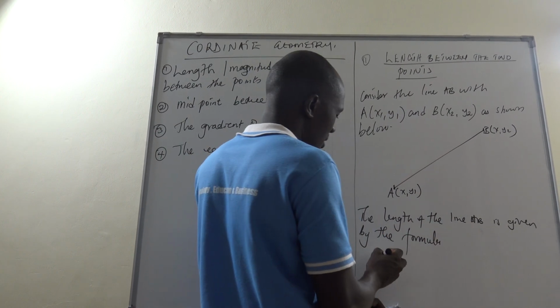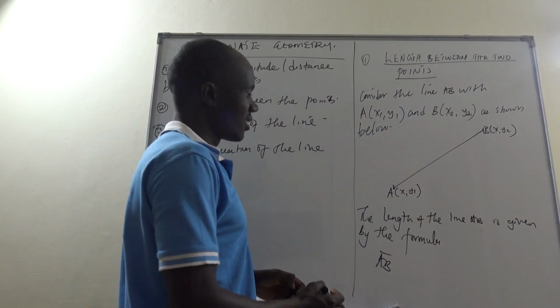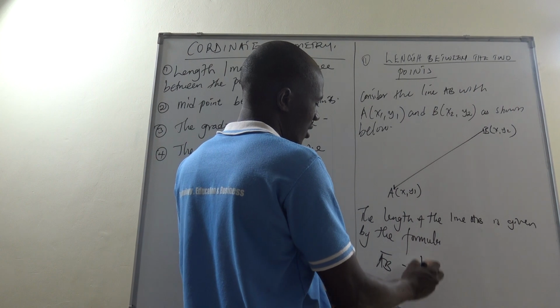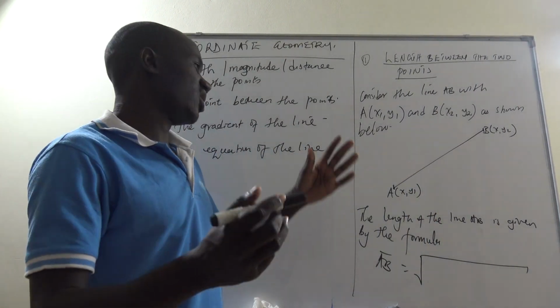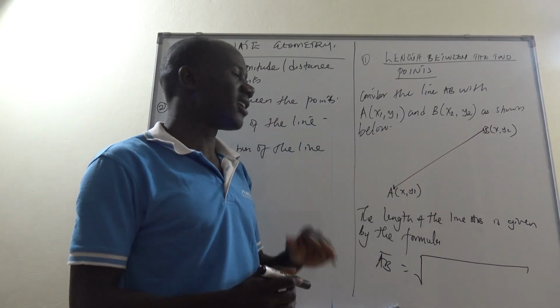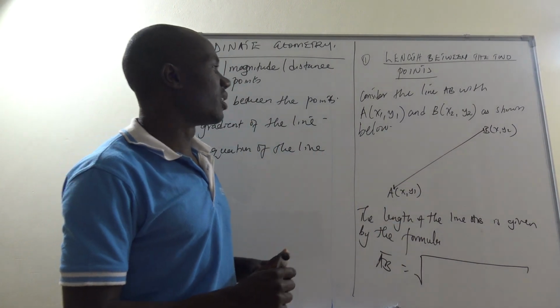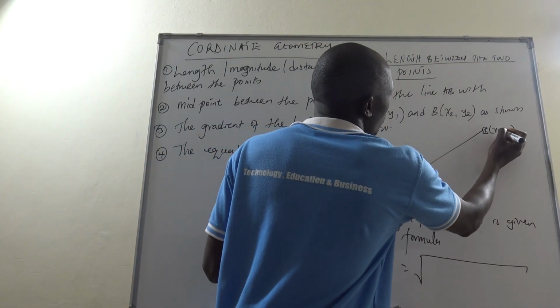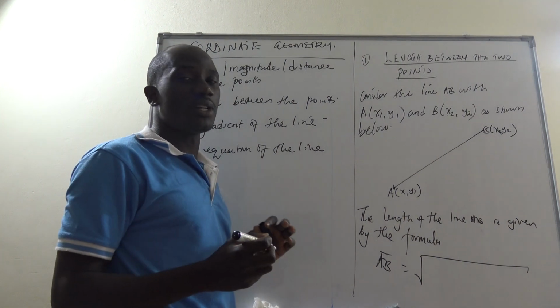We can say AB, when we put that bar, we are talking about length, is given by a big root of, we look at the change in the x coordinate first. You can either say x1 minus x2, or somebody can say x2 minus x1. It will depend on what is better for you.